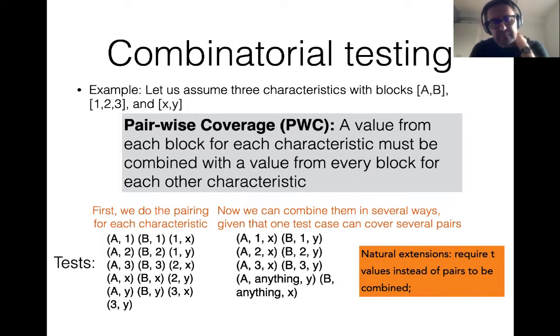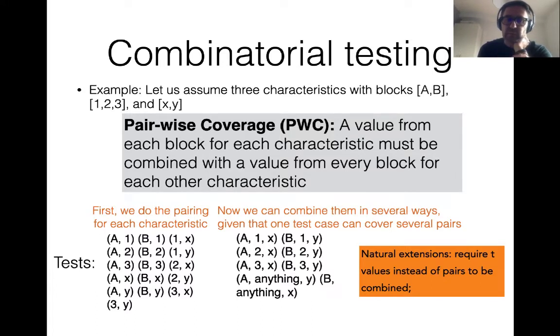Pairwise coverage, then we take pairs of the classes. So, for example, the first one and the second one, and we look at all combinations of pairs, right? So we would have A1, A2, A3. This is selecting the class A for the first characteristic and then combining that with all three classes for the second condition, right?